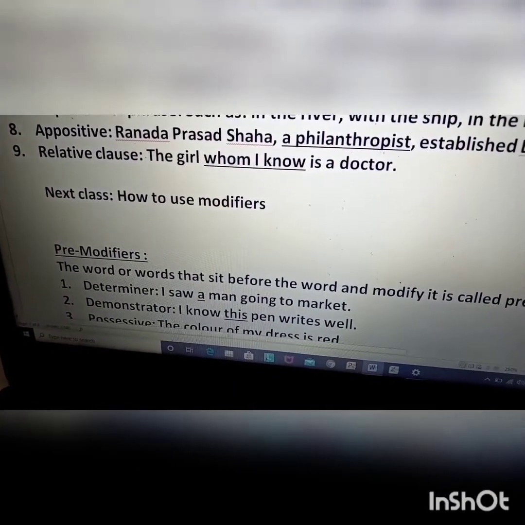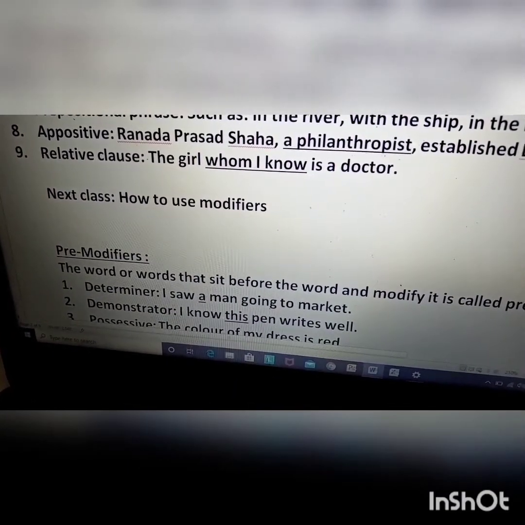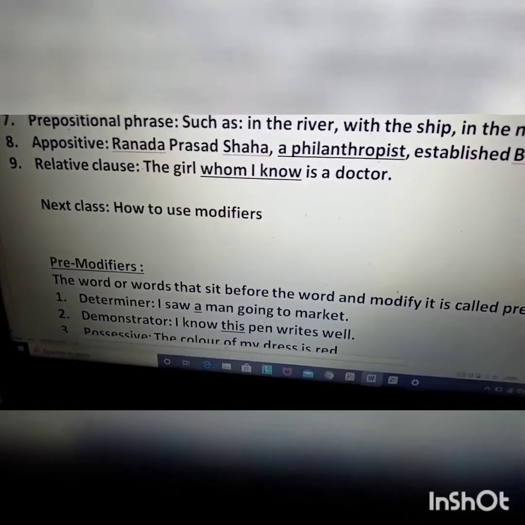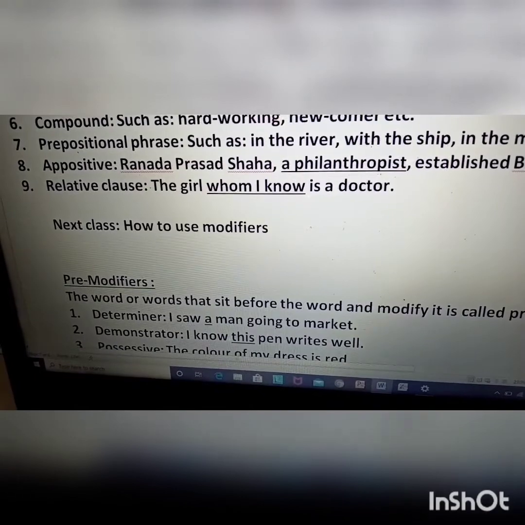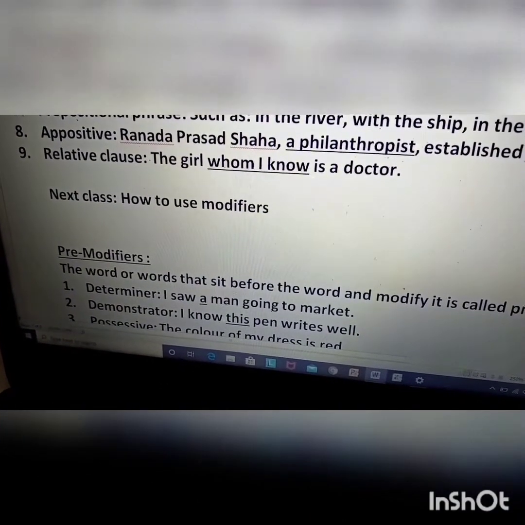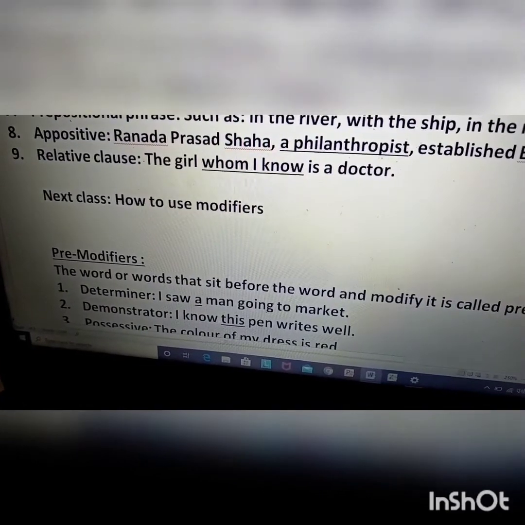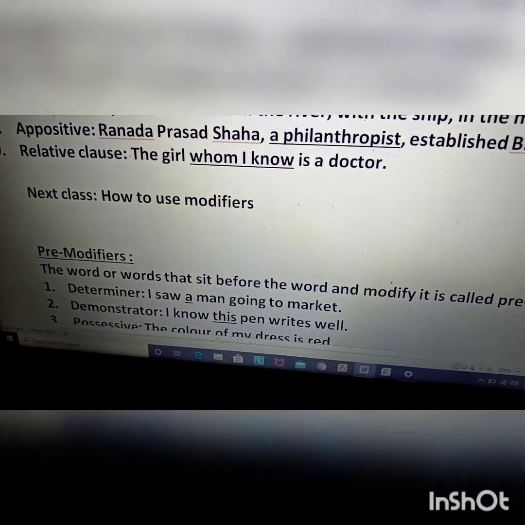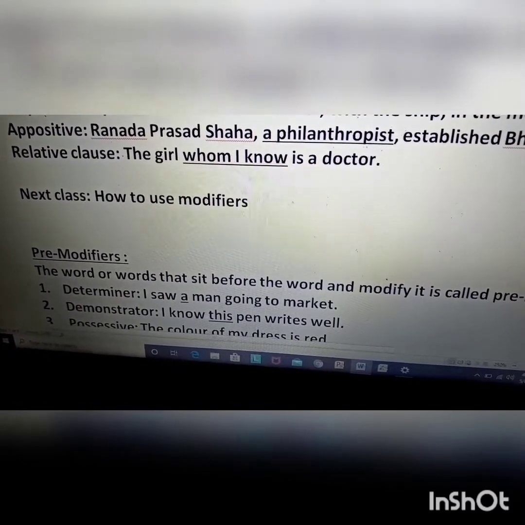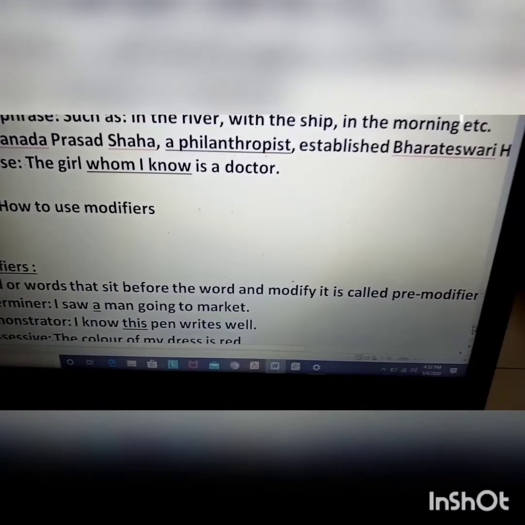Number 8, appositive. Appositive is a very important topic in English grammar. So, actually, an appositive means it gives extra information about a noun or pronoun. Here we can see in the example, Ranadha Prasad Shaha, a philanthropist, established Bharateshwari Homes.